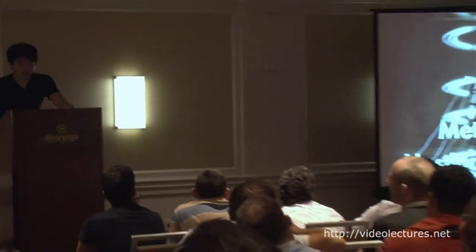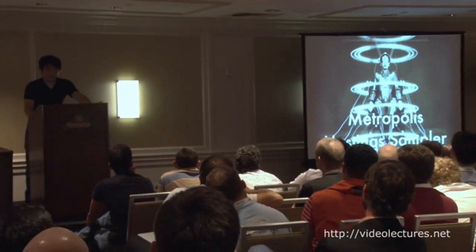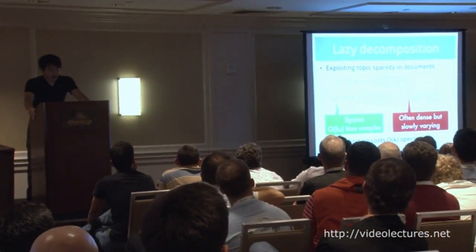The first ingredient is the Metropolis-Hastings sampler, which is very simple and in every statistics book. First of all, we decompose the sampling equation in a different way to make the dense part match exactly the slow changing part in the model. As I discussed before, the sparse part can be sampled very quickly.